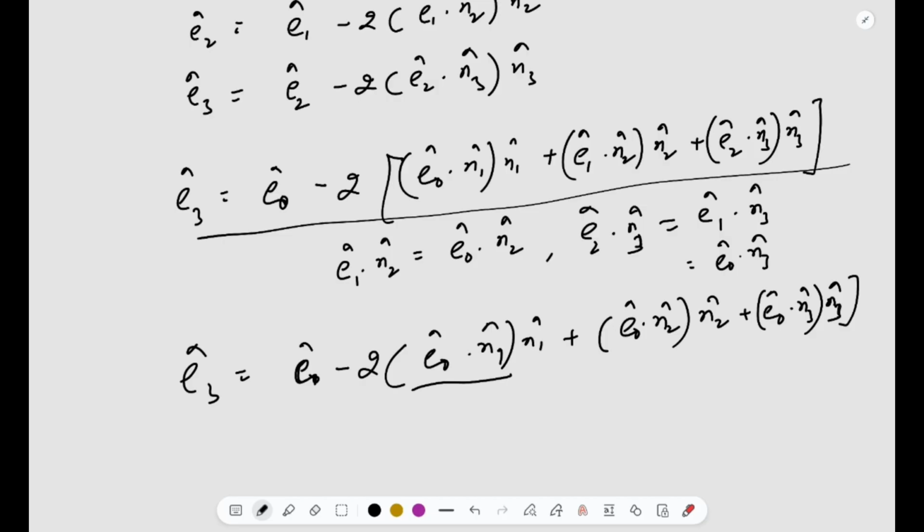It means the quantity in the square bracket is simply E naught. That means the whole term is only E naught. That means E3 equals E naught minus twice E naught, and that is equal to minus E naught, which is what we required to be proved.